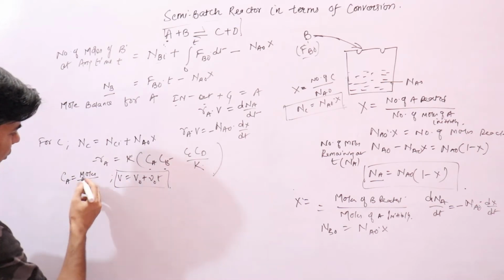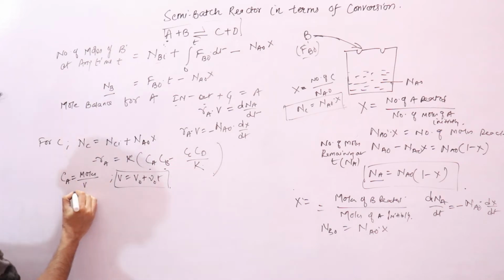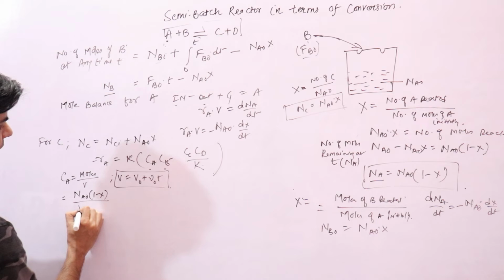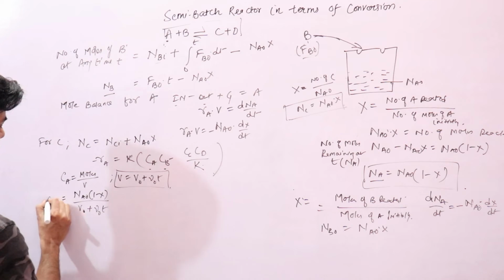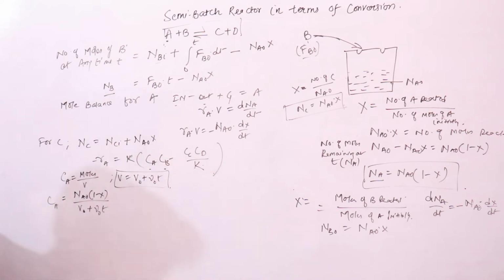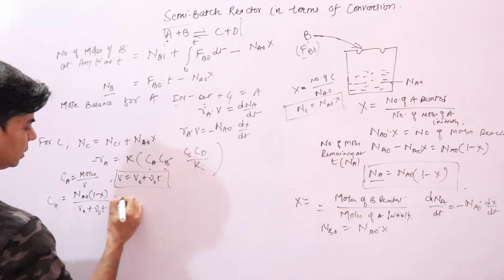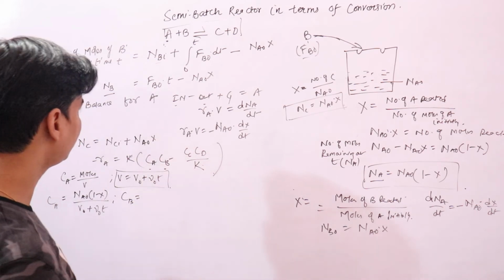So for A, the number of moles would be Na0 (1 minus x) divided by V0 plus nu 0 T. This is your Ca. This is the number of moles at any time t that we have calculated here. Similarly, Cb would be the number of moles of B at any time t.